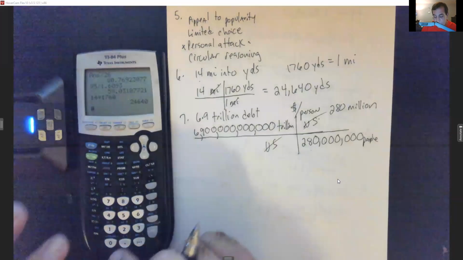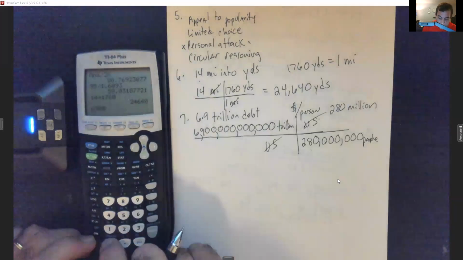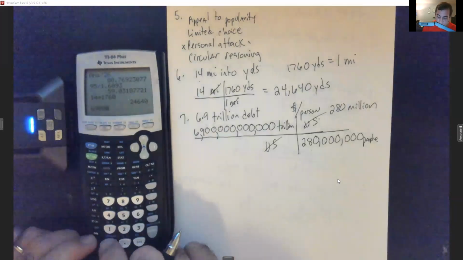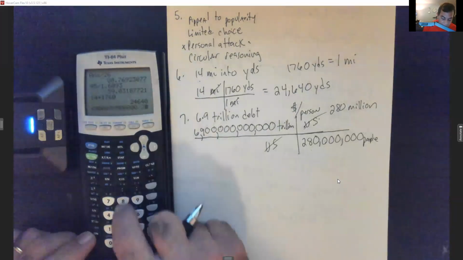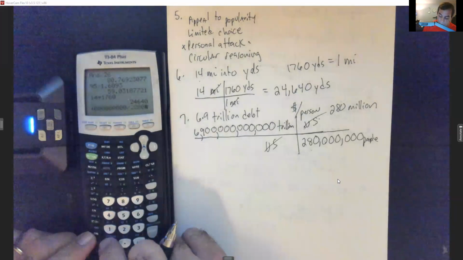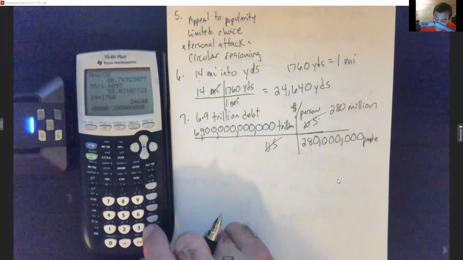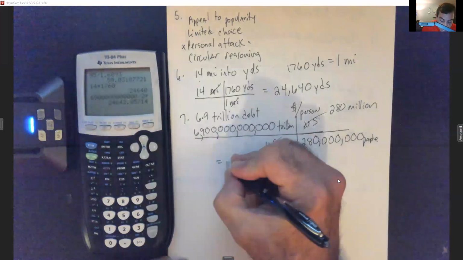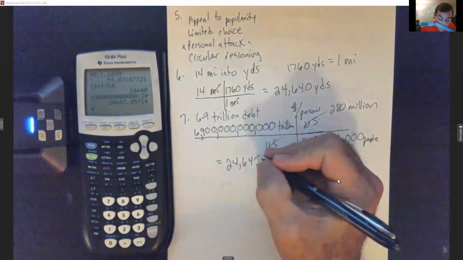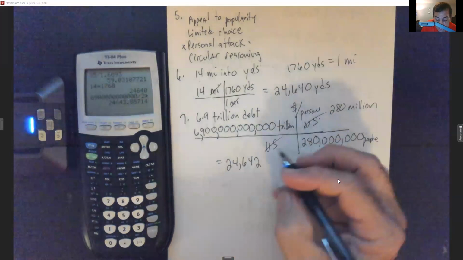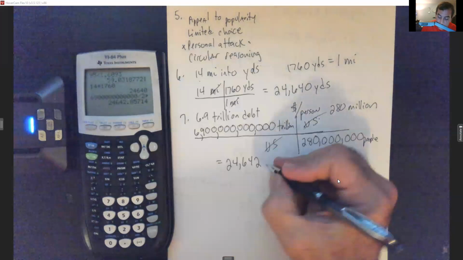Now you could do this with scientific notation, but I'm just going to punch in 6, 9, 0, 0, 0, 0, 0, 0, 0, 0, 0, 0, 0, 0, and then divide by 280, 0, 0, 0, 0, 0, 0. All right, y'all, when I hit enter, I should get my answer, and this is 24,642, and they want us to round this to the nearest cent, so since that's a 7, I'm going to make that 5 a 6, so that'll be 0.86.